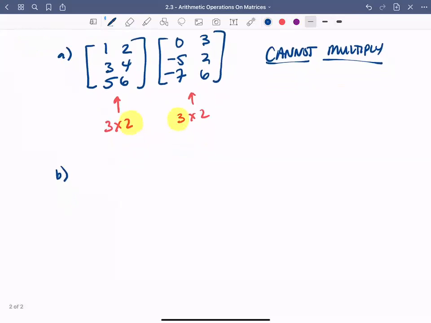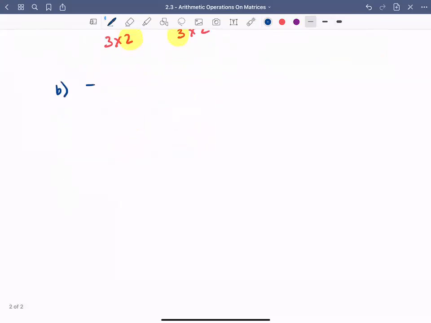So B. B says matrix 3, 2, 1, -1, 0, and 5 times 5, -2, 4, and 3.